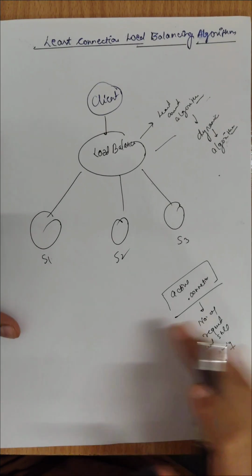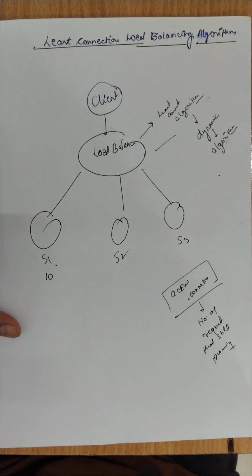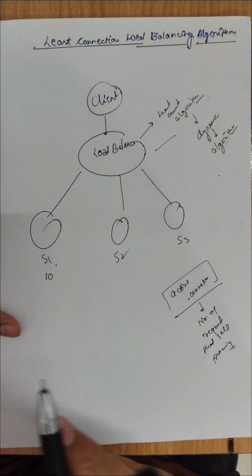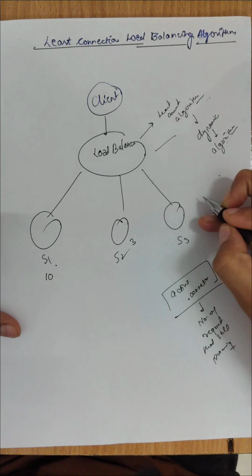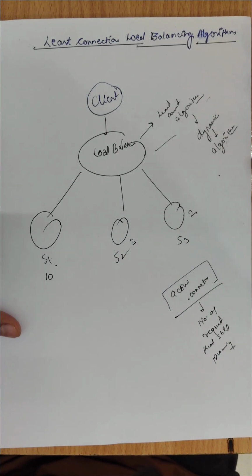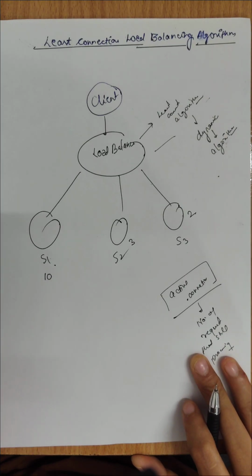Okay. So let's say this server has 10 active connections. By active connection I mean the number of requests. In this server I have 3 active connections, and on this server I have 2 active connections. So you understood the point that by active connection we mean the number of requests that are still in process, not resolved yet.